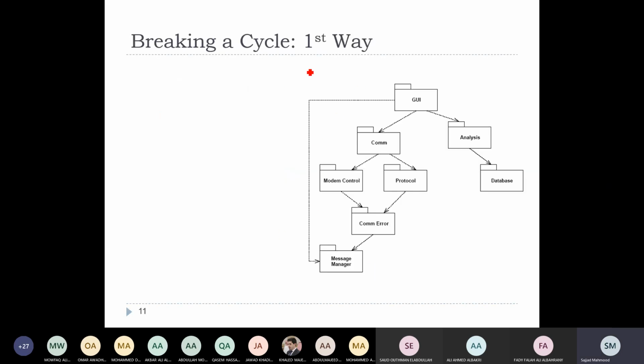As you said, one way is basically to split it. The classes which are actually causing this dependency, move them into a separate package, and in this case we're just calling it message manager or something like this. And we invert this dependency.